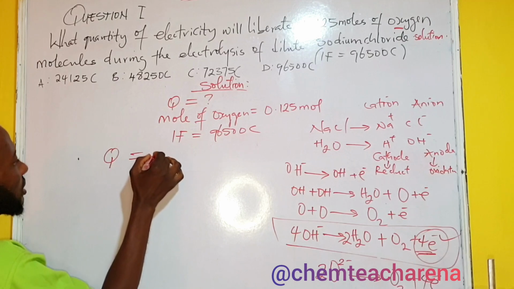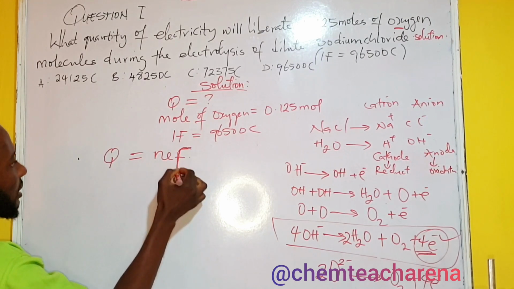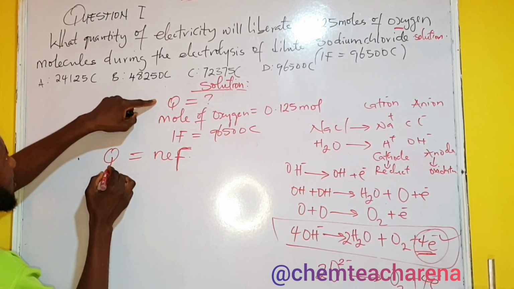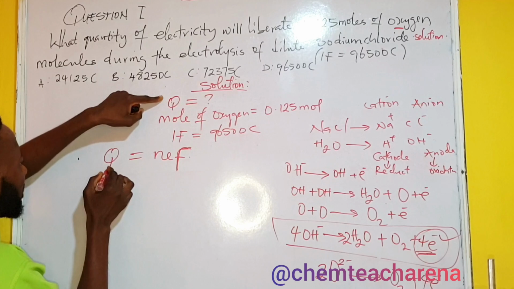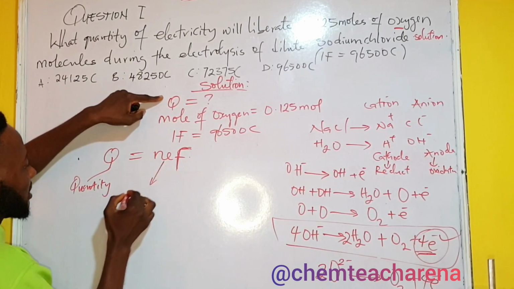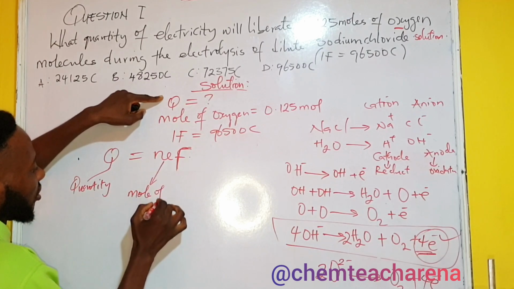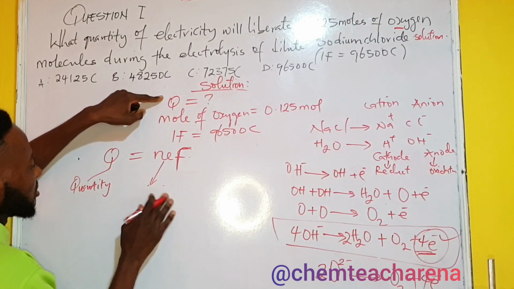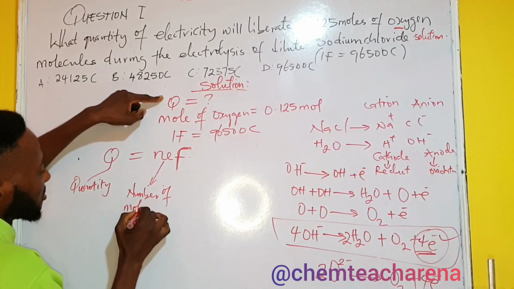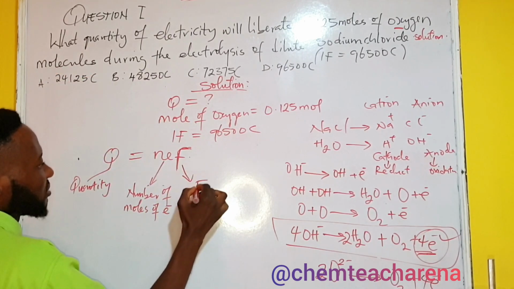Q is equal to nF, where Q is my quantity of electricity, then n is the number of moles of electrons, and F is my Faraday.